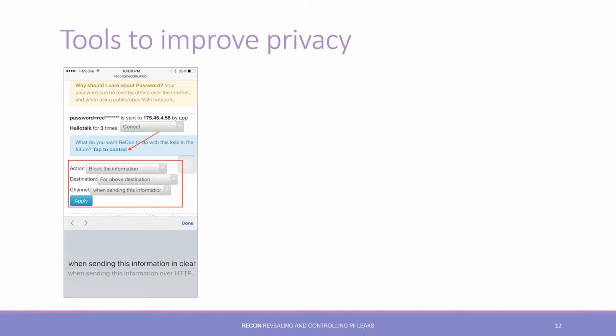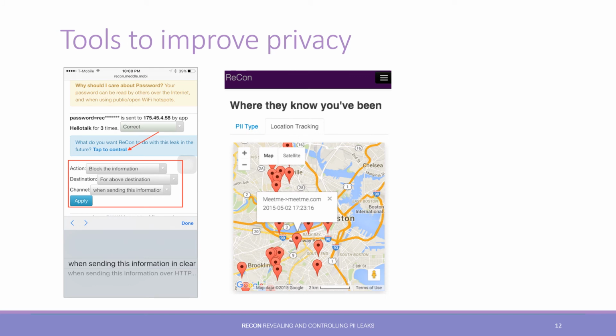And they can also specify this per destination or to do things for all destinations, and whether it should focus on one type of medium in terms of sending information in the clear, in plain text, or over HTTPS. Besides the textual interfaces for showing users what information is leaking, we also provide a map view so that they can see what others learn about them.